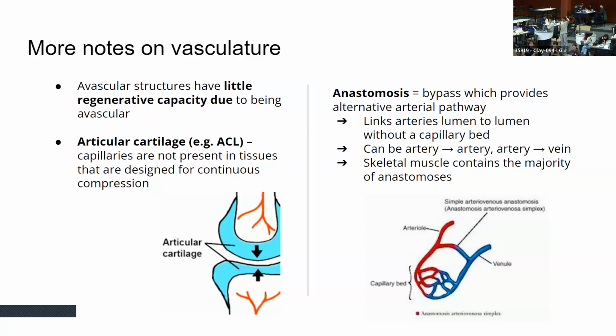And the final thing that you might need to be aware of is an anastomosis, which is a bypass which provides alternative arterial pathways. So this can be forms where an artery is linked to a vein directly without a capillary bed. And it can also be like artery to artery.